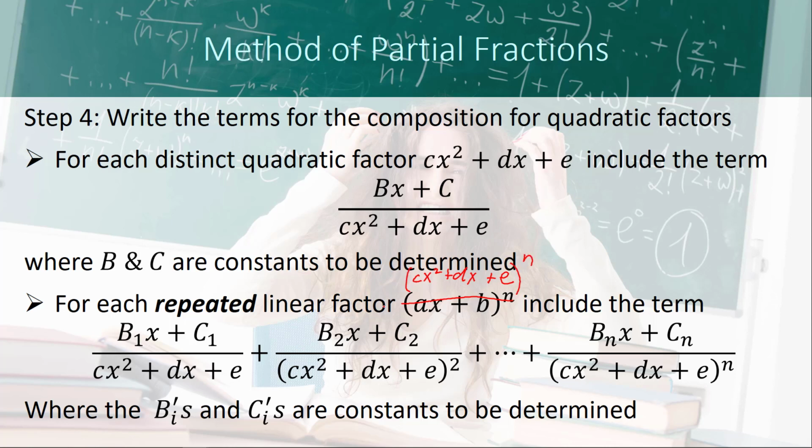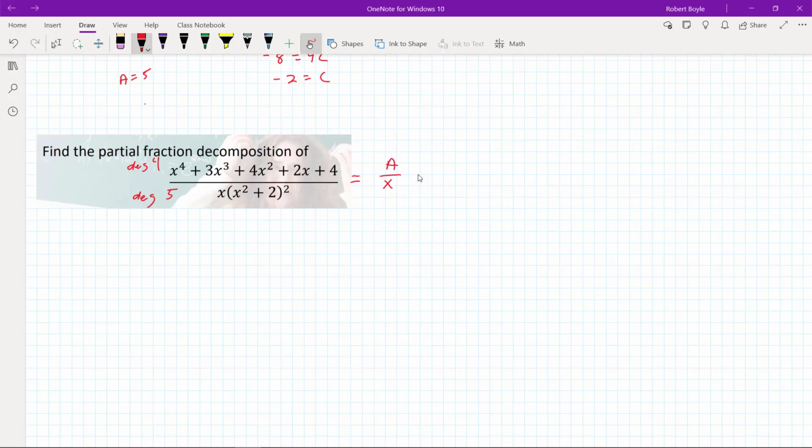But notice, once again, it is to the nth power, so I'm going to have this term, x squared plus 2, and then this squared, x squared plus 2 squared, since my n happens to be 2. So that is going to give me plus bx plus c divided by x squared plus 2 plus dx plus e divided by x squared plus 2, the entire thing squared.